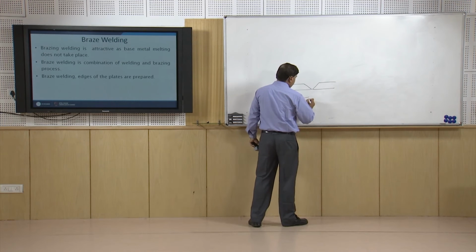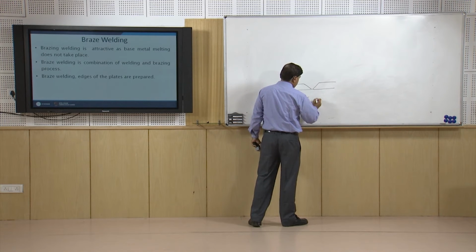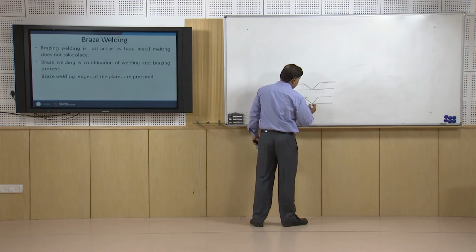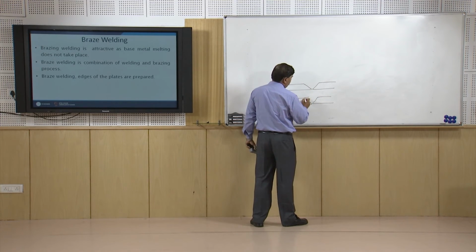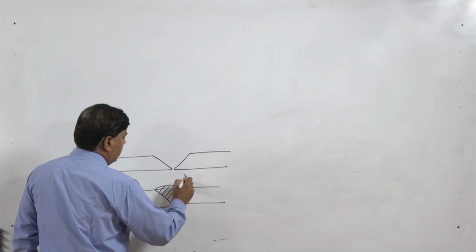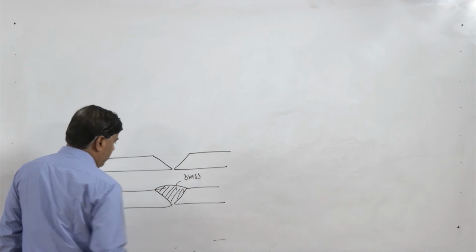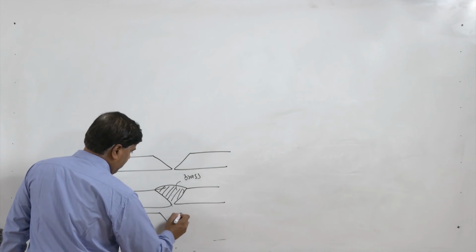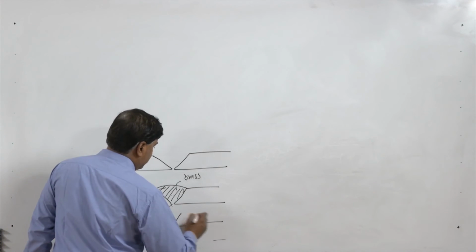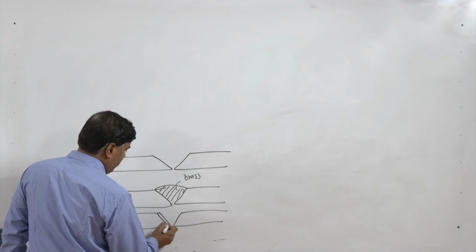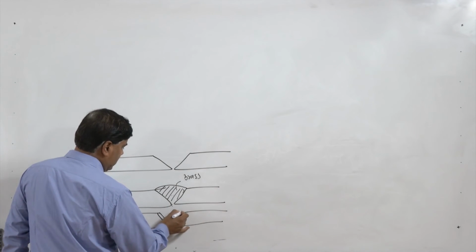In case of braze welding, the surface of the base metal remains intact, and the rest of the gap is filled in by the brass. While in case of welding, the fin surfaces melt and the geometry of the edges of the plates gets modified like this.